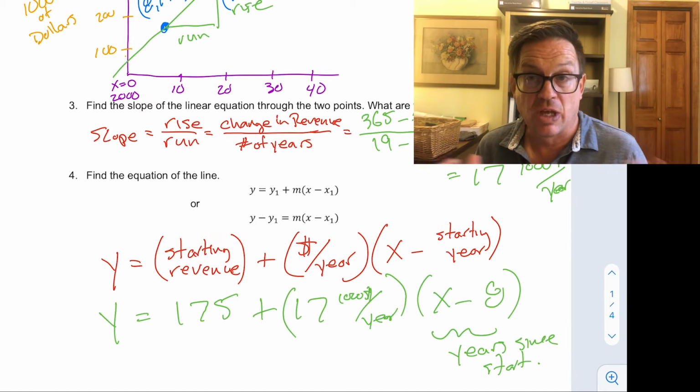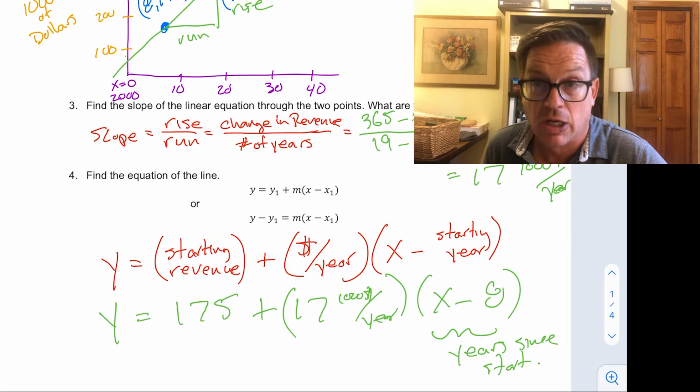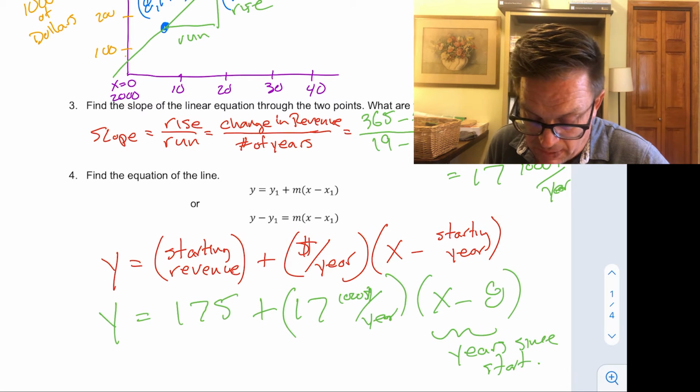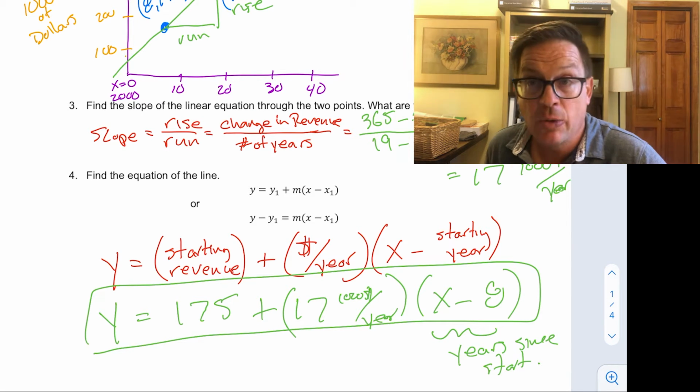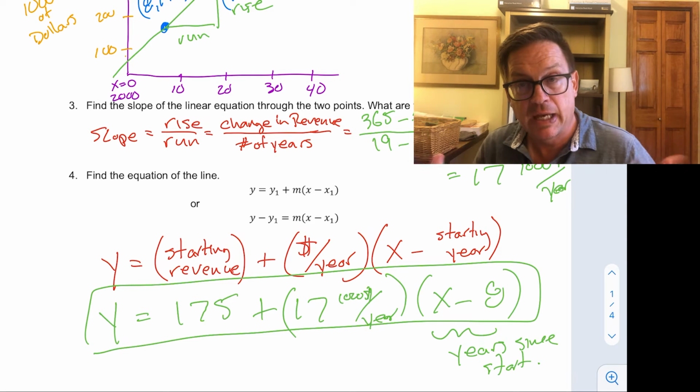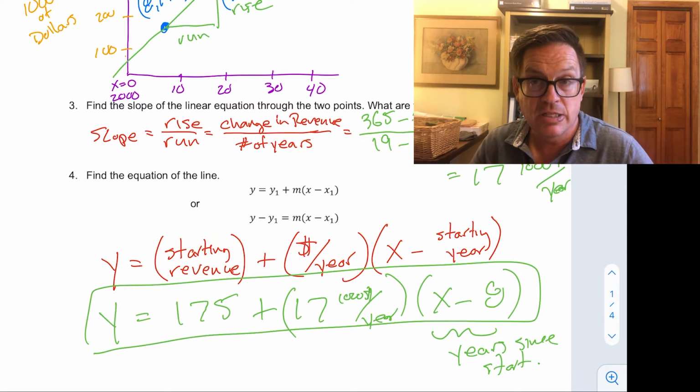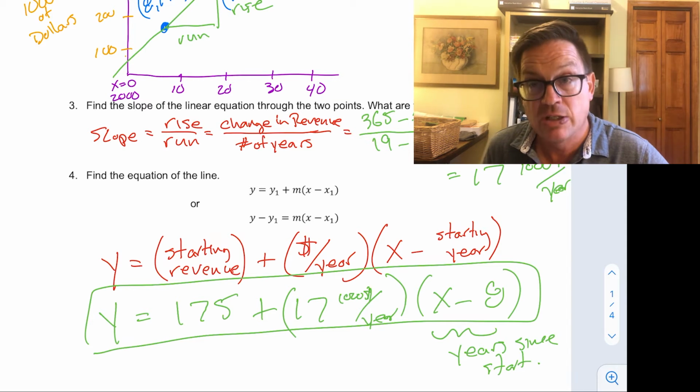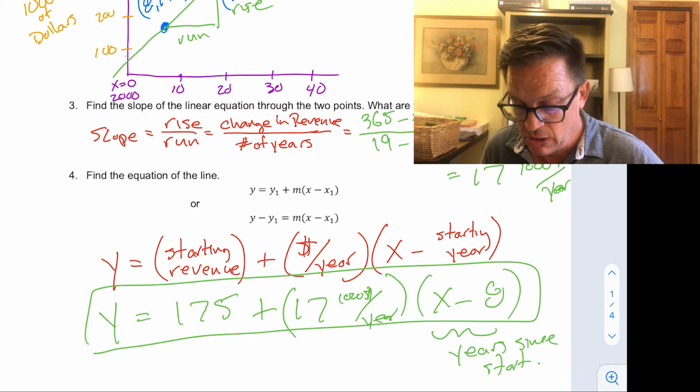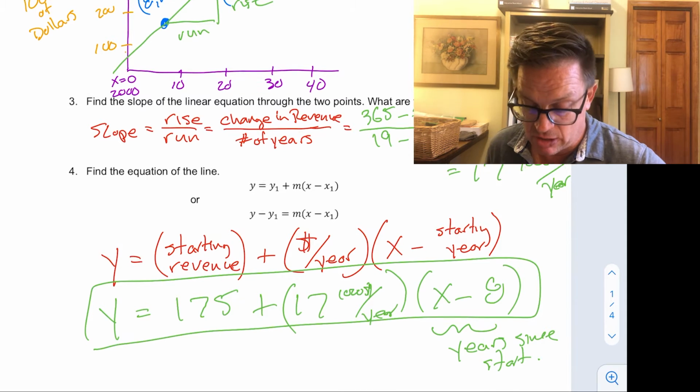So my start is in 2008 in that case, with 175 as my value. And that's an equation. I can multiply it out and simplify it if I want to, but this is an equation that kind of shows me where it came from. I know I'm starting at the year 8 with $175,000 in revenue, and I go up by 17 every year.